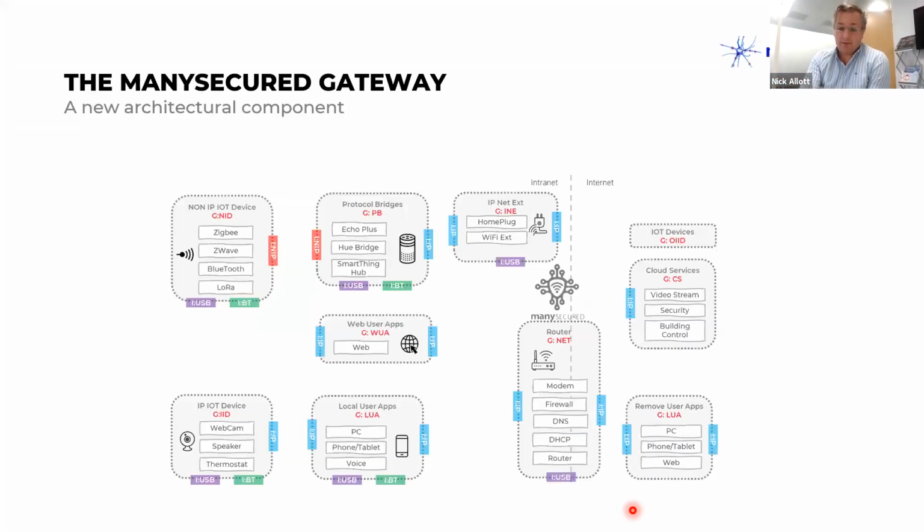Fundamentally, what we're doing in ManySecured is introducing a new concept, a new architectural element. We think it probably resides pretty close to the router, and it's doing a lot of the things that I intimated the protocol bridge does. But a lot of the big challenges that we talked about, that we need to address to enhance the security, we need this local secure capability for, and that's a lot of the fundamental development work that we're doing.